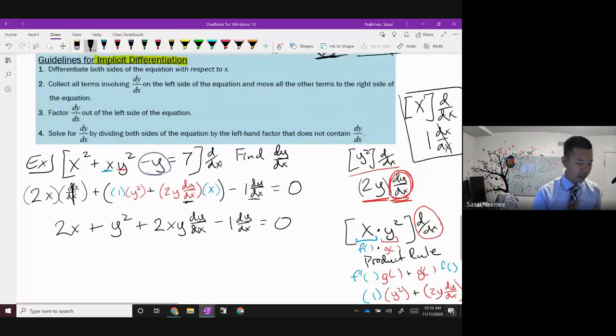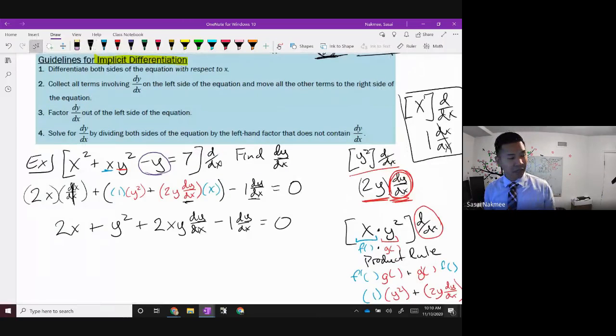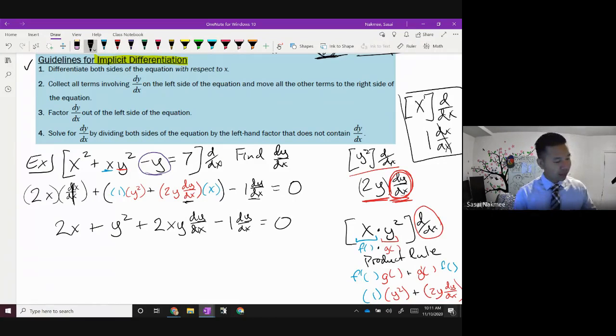And so far, I've simplified step 1, which is to differentiate both sides with respect to x, right? With respect to x. That's step 1. Done. Step 2, collect all terms involving dy dx on the left side of the equation and move all other terms, meaning they don't have a dy dx, to the right side of the equation.